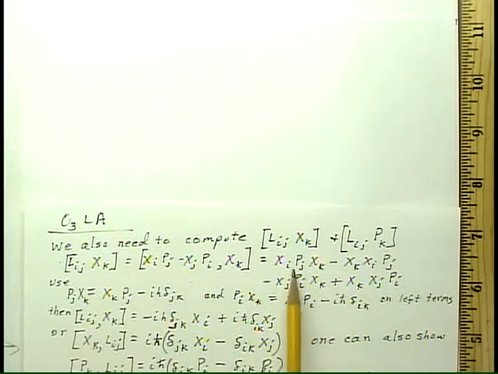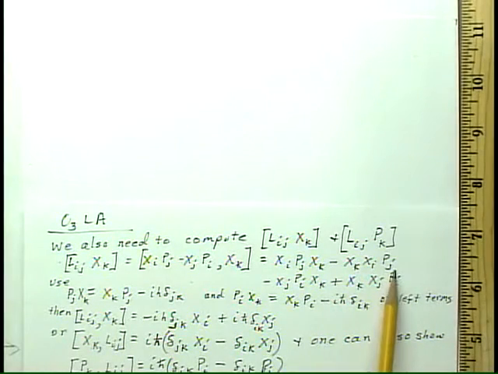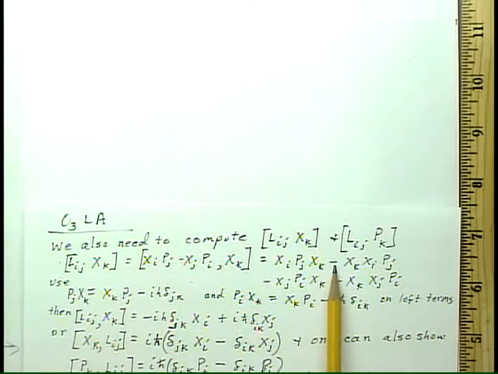Upon completing that, we see that we have taken this term, and by performing this substitution right here, the first part, x_i times x_k p_j, becomes exactly the same as the second term with a minus sign, and so those two cancel, leaving us only a minus iħ δ_jk times the first x_i.